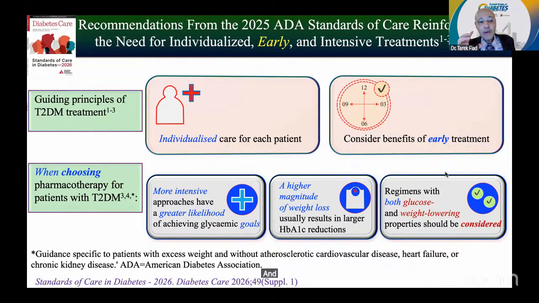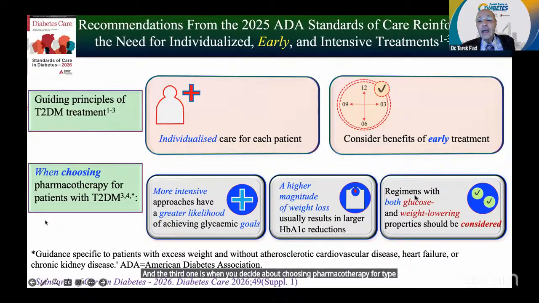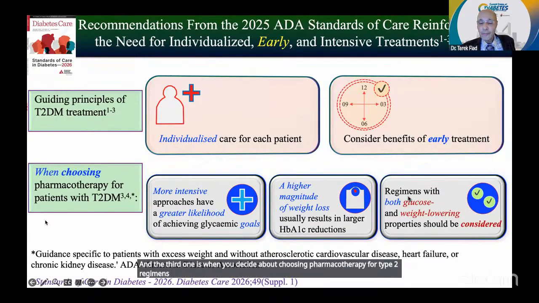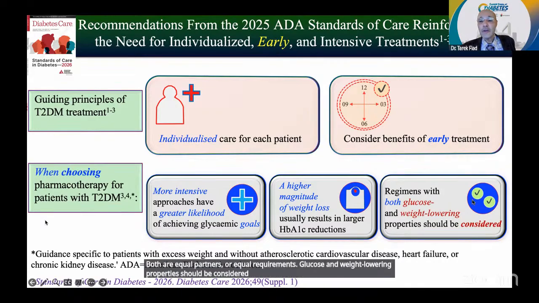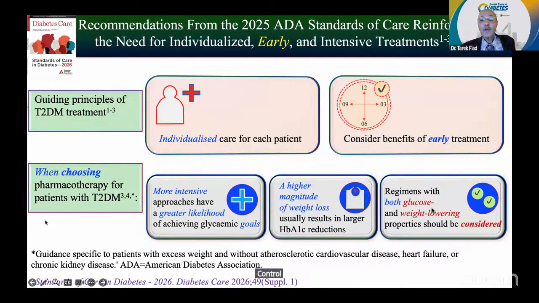And the third one is, when you decide about choosing pharmacotherapy for type 2 diabetes, regimens with both. So it says both now. Both are equal partners or equal requirements. Glucose and weight lowering properties should be considered. So both of them control the glucose and control the weight at the same time.